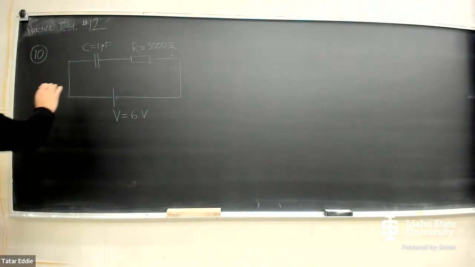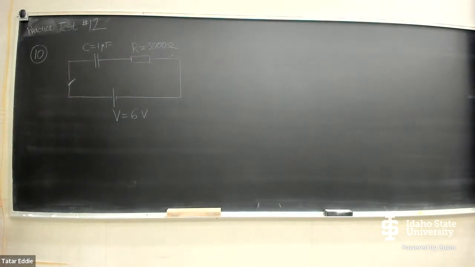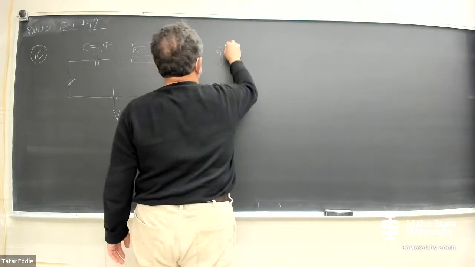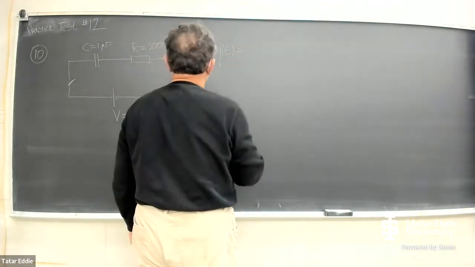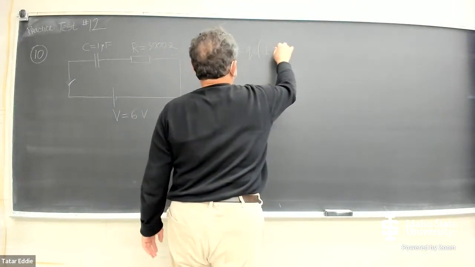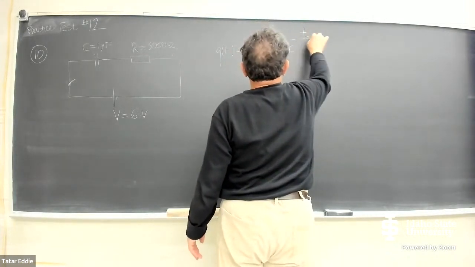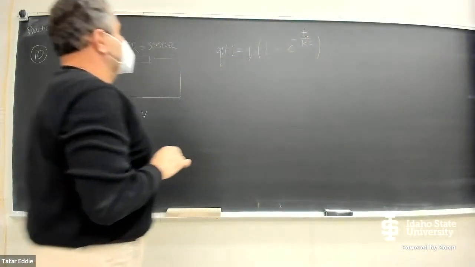So look, here's the switch. You close the switch, the battery, the capacitor starts charging. And it charges according to this expression. The charge as a function of time is equal to the maximum charge times 1 minus e to negative t over RC. Right, this is the expression.